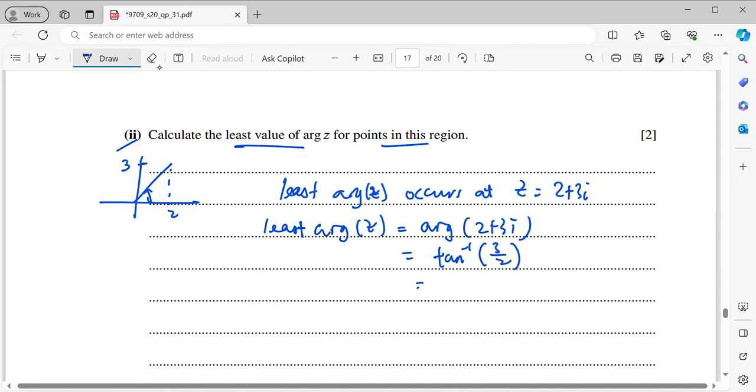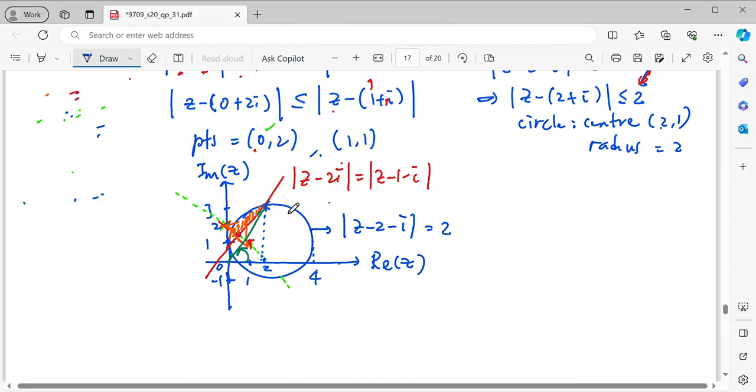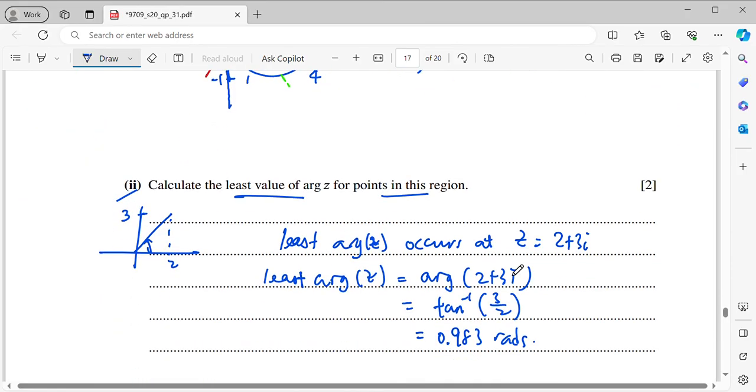Okay, then at last you will be getting 0.983 radians. So this is based on the locus that we have sketched just now. Right, that's why when you sketch our locus, make sure you measure correctly, okay, or use the correct tool to do it. Otherwise you won't get the answer.